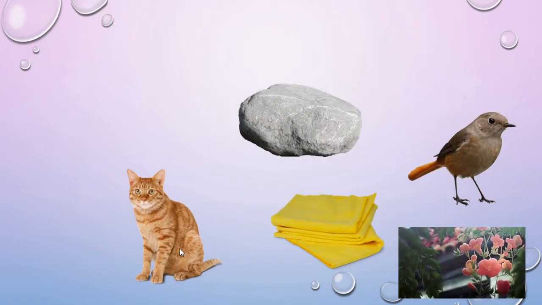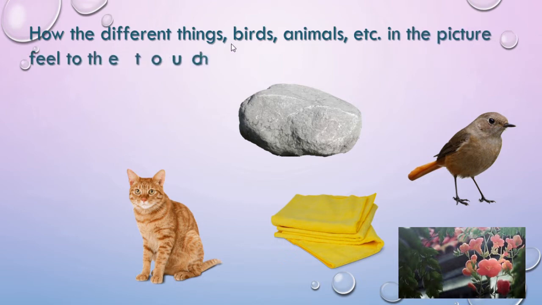Now here you can see cat, hard stone, soft cloth, tiny bird, soft bird, delicate flowers. Correct. How the different things, birds, animals, etc. in the picture feel to the touch. This tells all by touch, means feeling of touch.